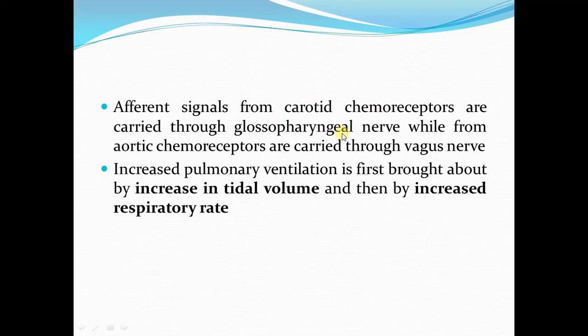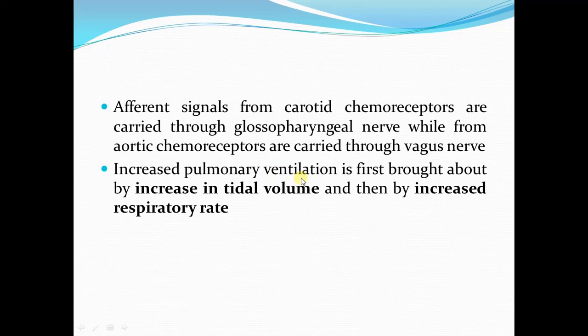In the beginning of the lecture, we discussed that chemoreceptors have a stimulatory effect on the respiratory center. So decreased partial pressure of oxygen in the arterial blood will stimulate the peripheral chemoreceptors, and this will send signals to the brain stem, and the result is an increase in pulmonary ventilation.